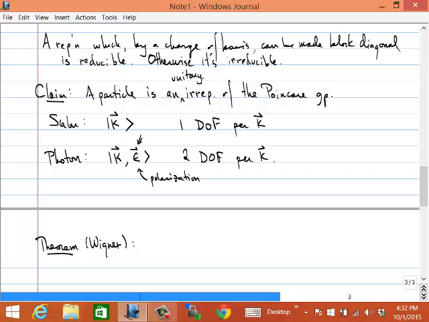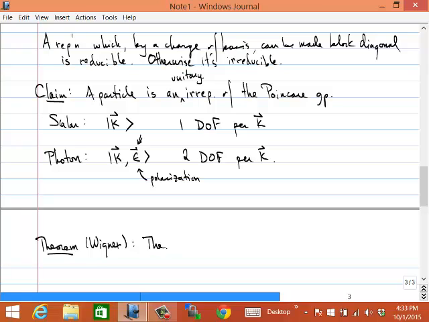So there's a classification of any kind of possible particle you can have in a theory of quantum mechanics that's consistent with special relativity. I'm not going to prove this theorem. I'm not even really going to talk about it too much more in this class. But it is an incredibly powerful result, and once I write it down, it'll have a clear physical interpretation for you.